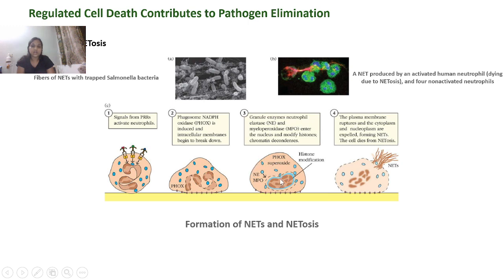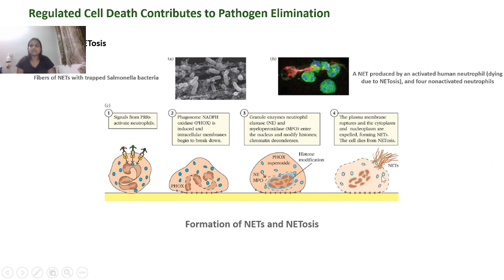Like this superoxide radicals will be formed. This will decondense the chromatin. There will be modification of the histones, and there will be release of the nuclear components as well. And then ultimately what happens? The plasma membrane will rupture, cytoplasm and the nucleoplasm are expelled, forming these nets, these structures. They will form a trap kind of, or a net kind of, and the cell will die from netosis.